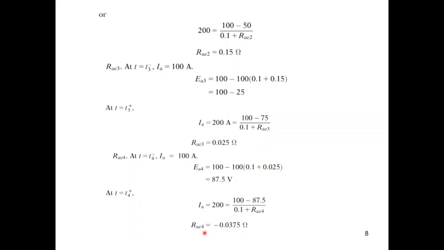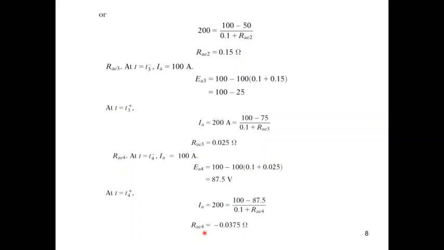What's the meaning of that? The meaning is that we don't need this step, because if we remove the rheostat completely at step number 3, the current will not reach 200 amps. You got it, Shabab?